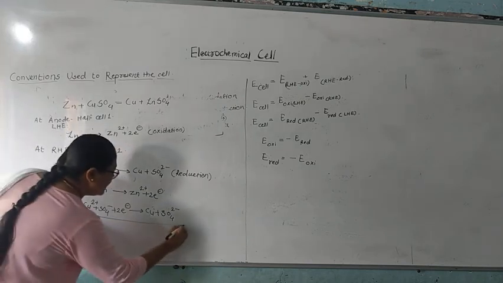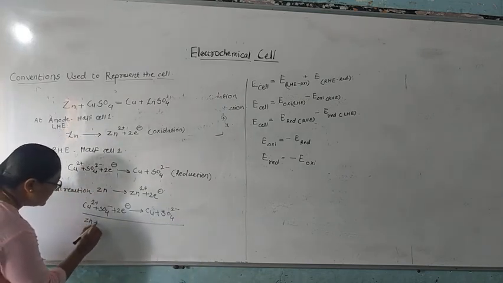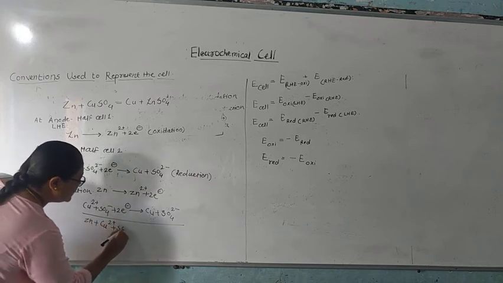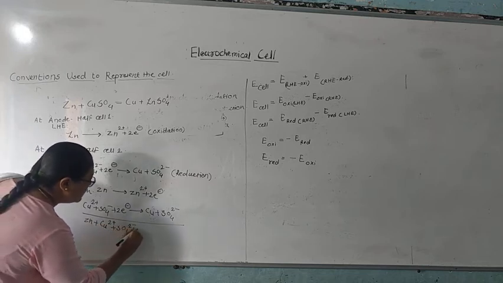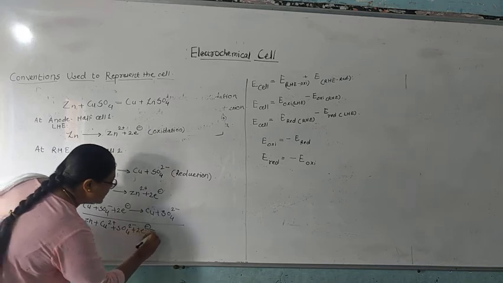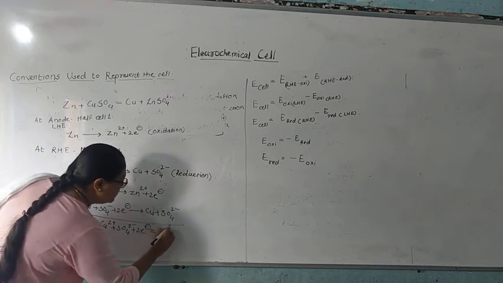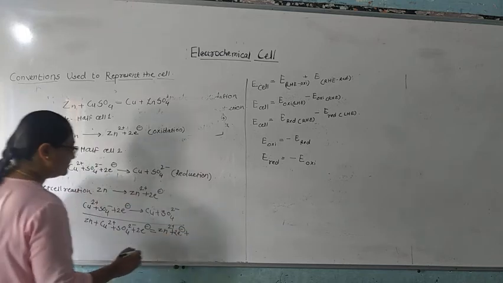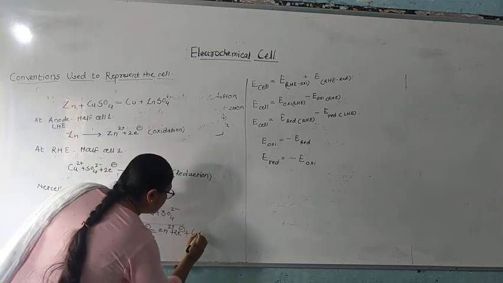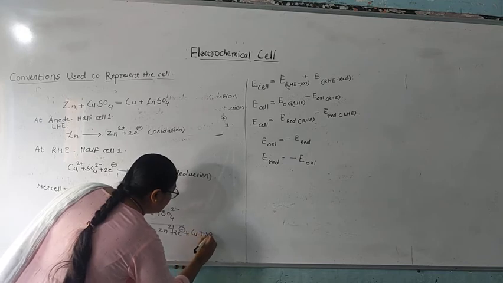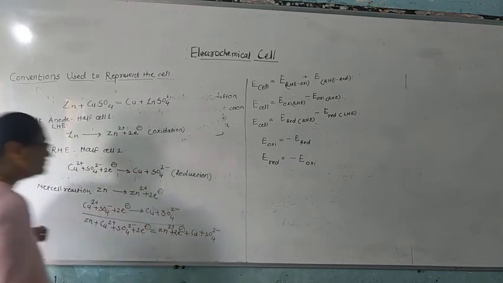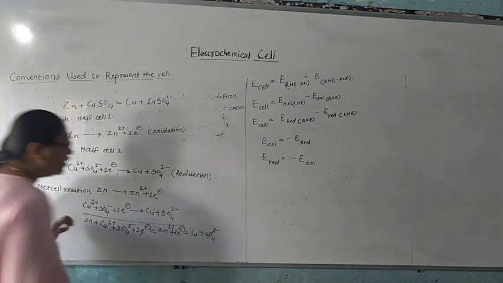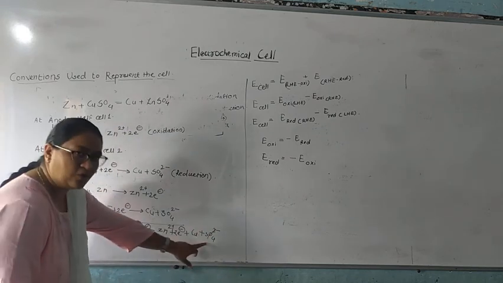So our net cell reaction is zinc plus copper 2 plus SO4 2 minus plus 2 electrons is equal to zinc 2 plus 2 electrons plus copper plus SO4 2 minus ion. So if you cancel the same, or you can write this as zinc sulfate also.